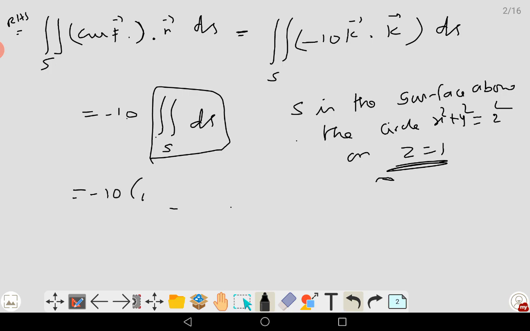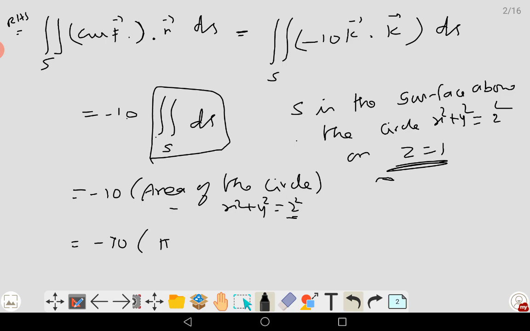So minus 10 times the area of the circle x square plus y square is 2 square, whose radius r is 2, isn't it? So minus 10 pi 2 square. 2 square is 4, negative 10 times 4 will be negative 40 pi, just like our left hand side, which is equal to the left hand side. So Stokes theorem has been verified for this problem.